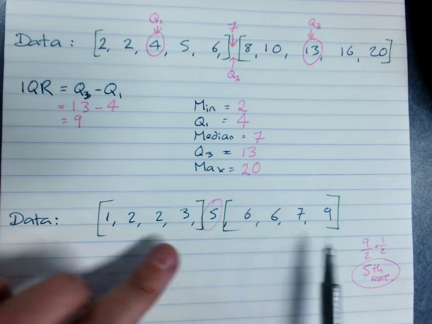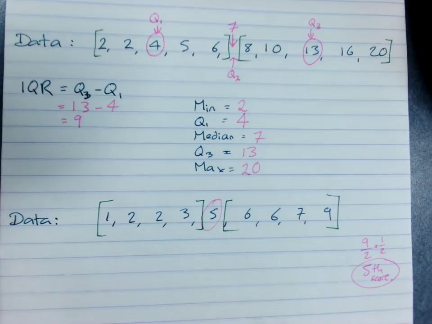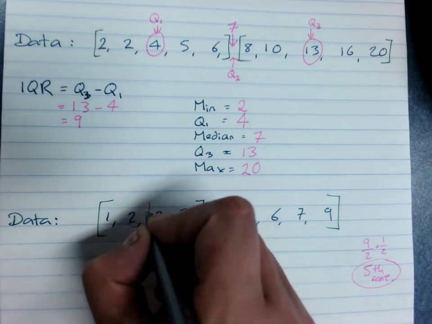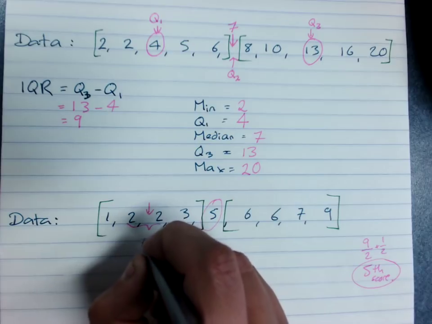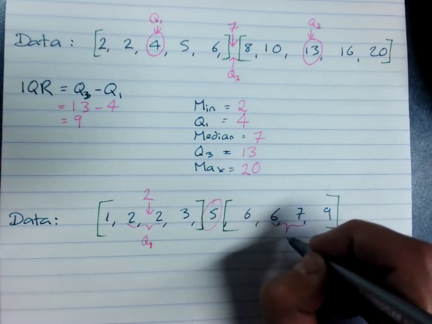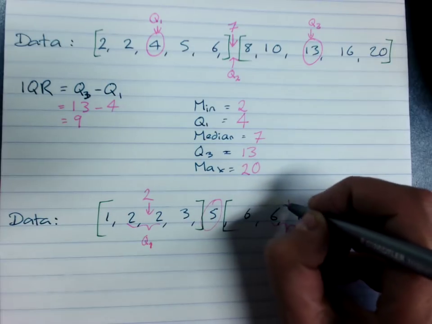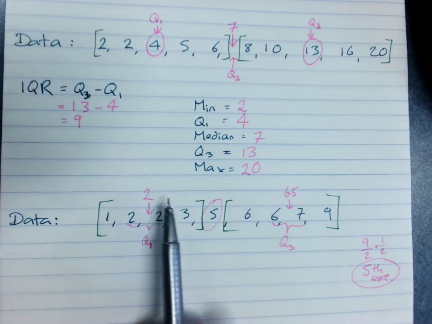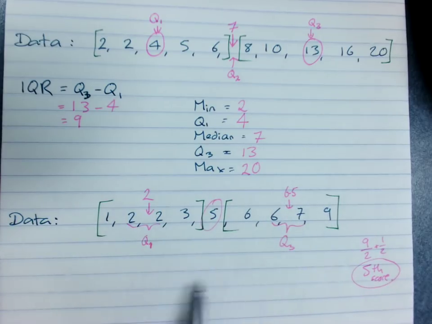So our bottom half and top half of an odd numbered set of data excludes the median. So therefore Q1 is midway between these two. So Q1 is 2, and Q3 is midway between these, so it's 6.5. And if I was asked for a 5-number summary, that would be 1, 2, 5, 6.5, 9. But I won't bother doing another one. I think you've got the idea.